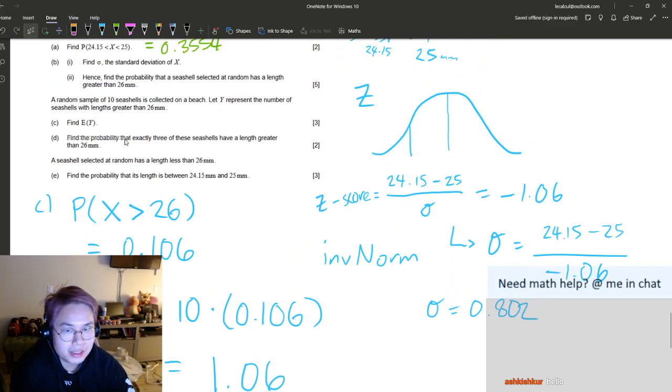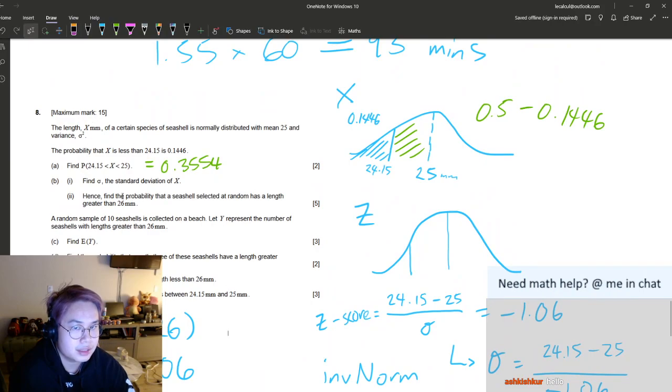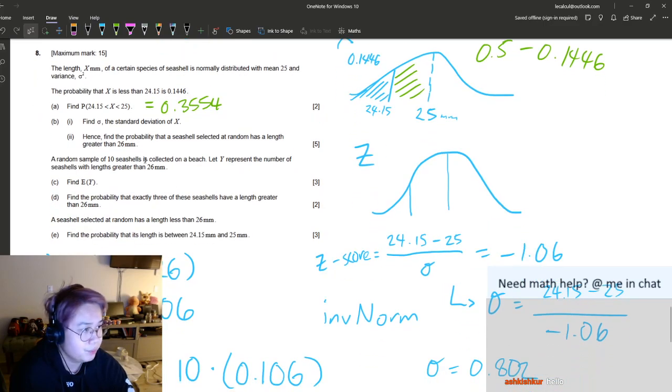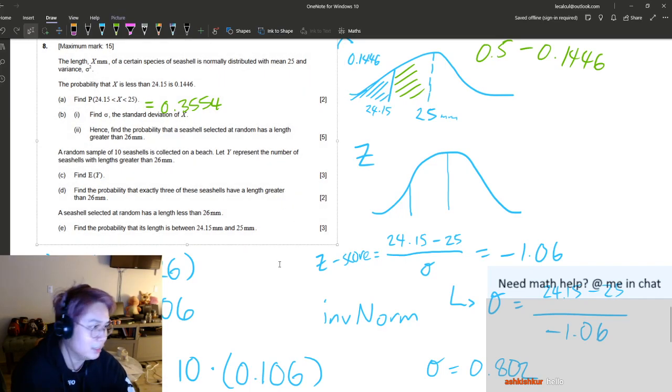We want to find the probability that exactly 3 of these seashells have a length greater than 26. So this is a very classic example. They give you some sort of measurement that's normally distributed, and then partway through the question, they change it, and now you need to consider a binomial distribution, because we have 10 seashells, and we're testing to see if we have 3 seashells that are greater than a certain length, and each seashell has a probability and they're independent.